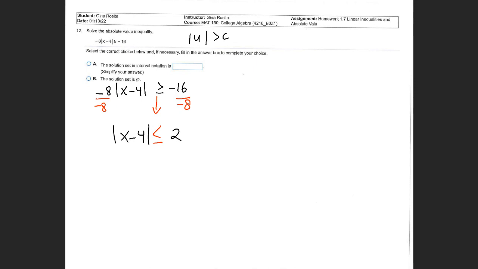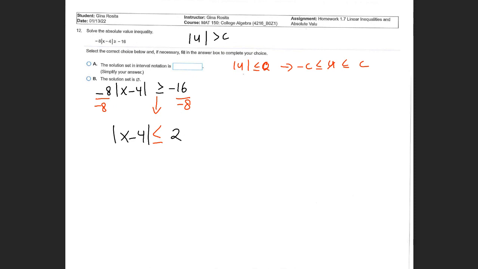Remember the formula for this one: absolute value u less than or equal to c, so we write negative c less than or equal to u less than or equal to c.